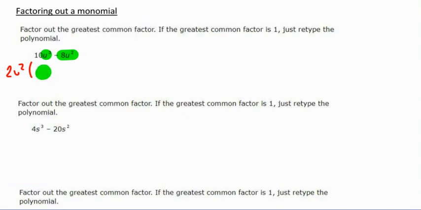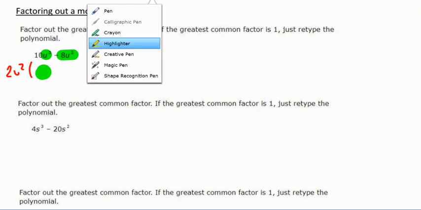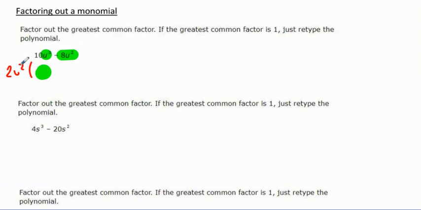What goes inside? 2u squared times what gives us 10u cubed? 2 times what gives us 10 would be 5.